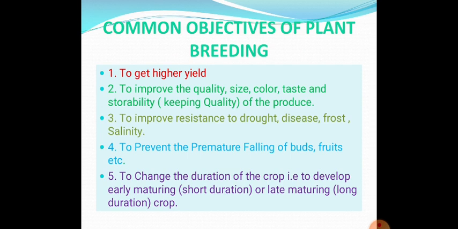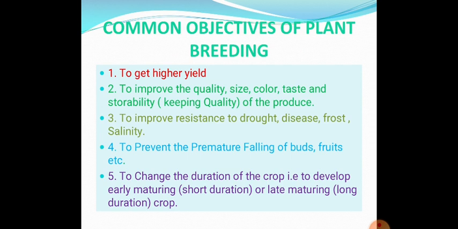The first one is to get higher yield, to improve the quality, size, color, taste, and storability of the product, to improve resistance to drought, disease, frost, and salinity, to prevent the premature falling of buds, fruits, etc., to change the duration of the crop.